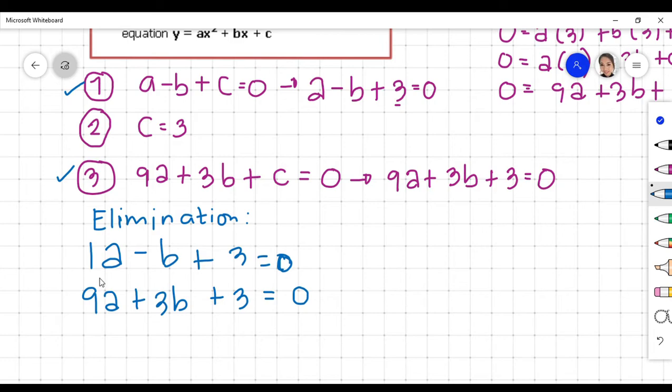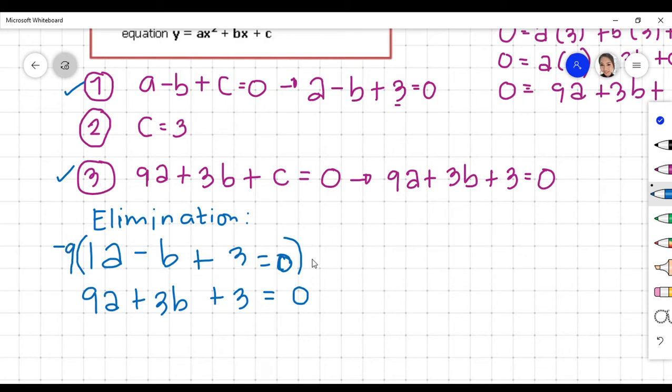So we can cancel out a. So what I will do is I will multiply. So since this is already 9, I want the coefficient for a in my first equation to be 9. So what I will do, I have to multiply the first equation by negative 9.